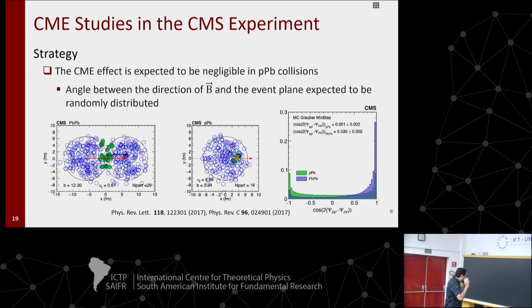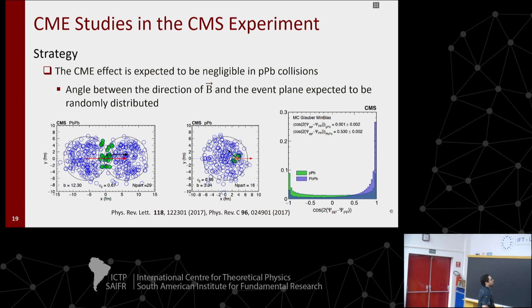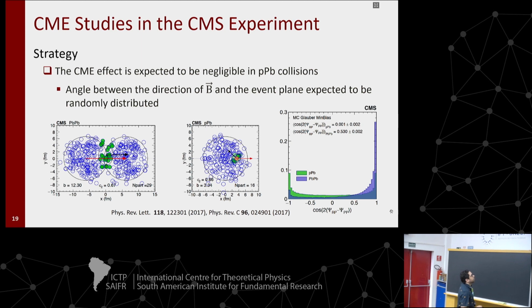So we expect the signal to be much smaller than in lead-lead. Here is a Glauber model simulation for lead-lead and for the vector of the event plane, and here also the correlation of these directions.